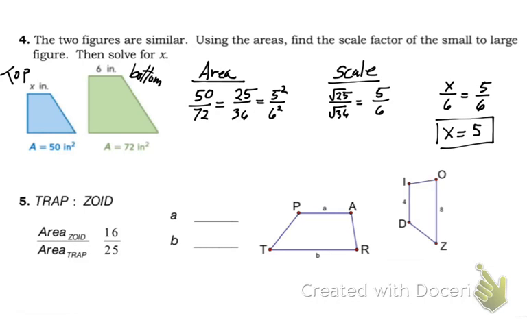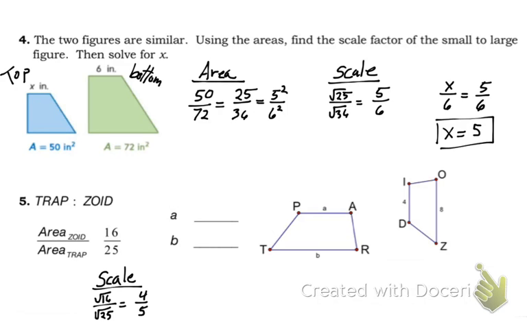Our final one says area of Zoid equals 16, area of trap equals 25. Can someone tell me what my scale factor is then? Jamie? 4 over 5. So it's basically the square root of 16 over the square root of 25, which equals 4 over 5.